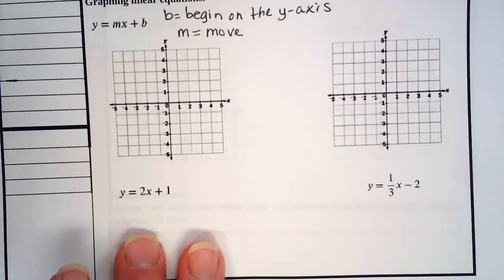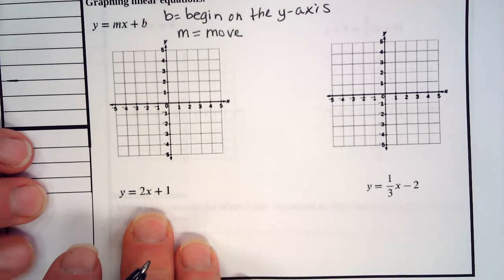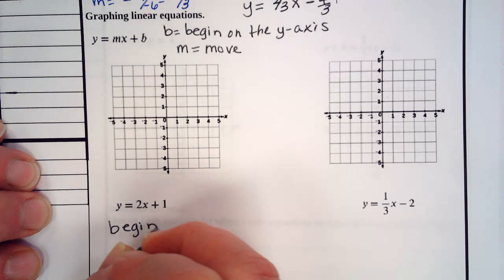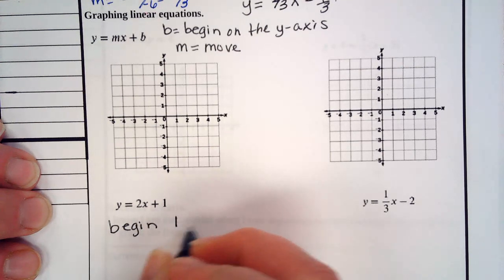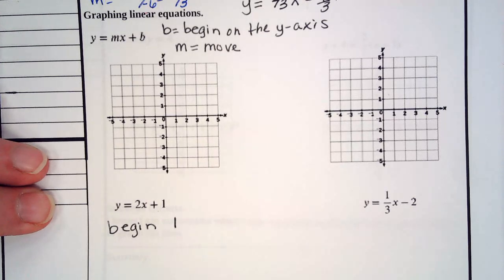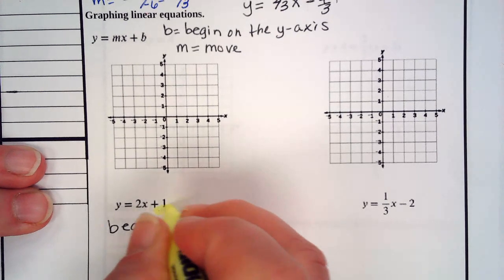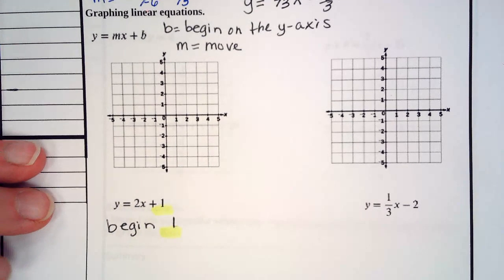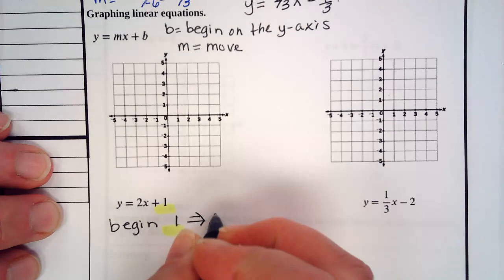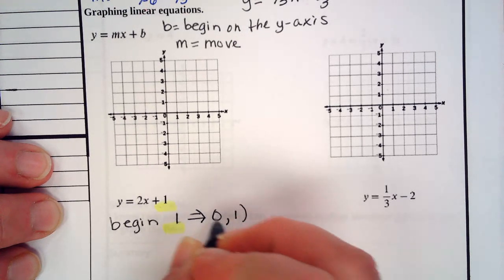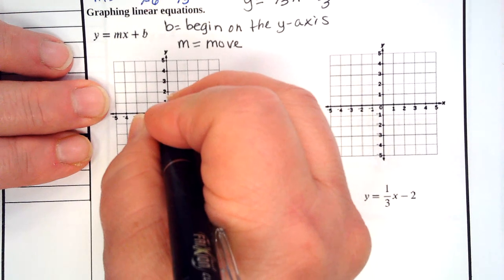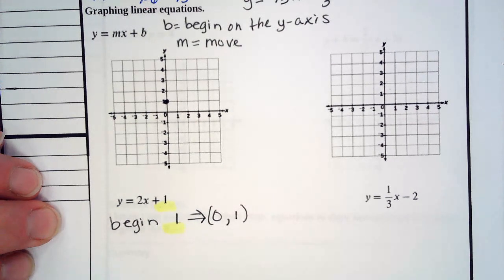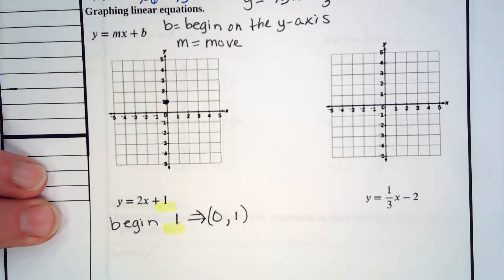So as I'm looking at this one down here, I begin at 1. That translates into the point 0, 1. So I come up here, 0, 1 is right here. The 2 tells me how to move.